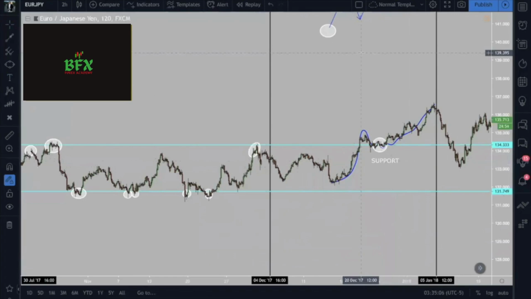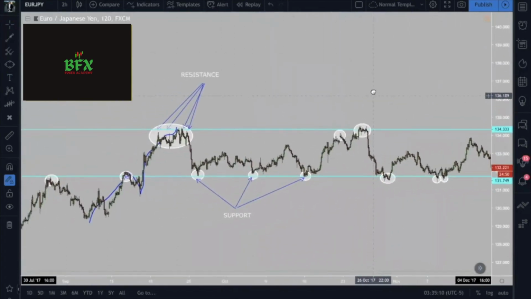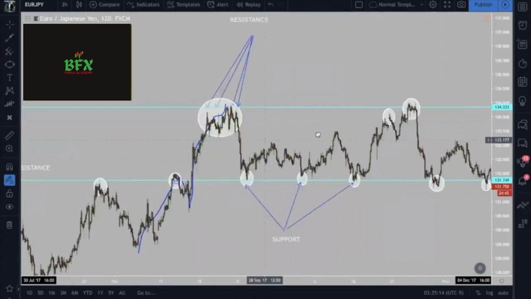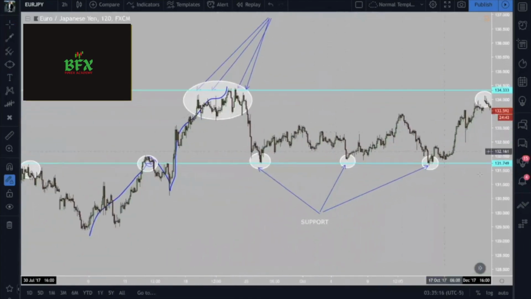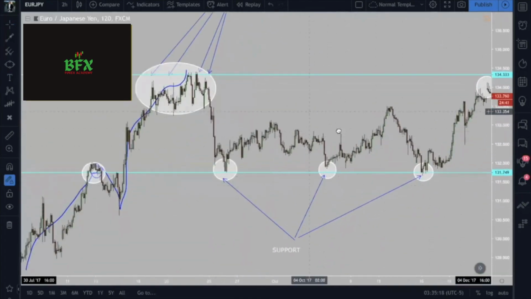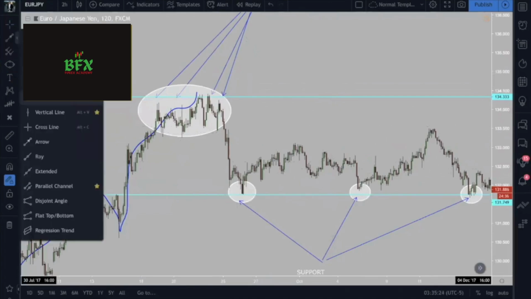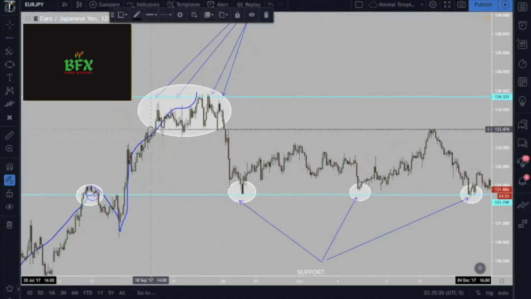So you can see here again, yet another example of resistance turning into support. Now this is constantly going on in the markets, and if we come back over here to our main hallway, our main ceiling, our main resistance in this example, and we start to take a look, there are other support and resistances that we can look at. So for example, there was a support right here in this area.